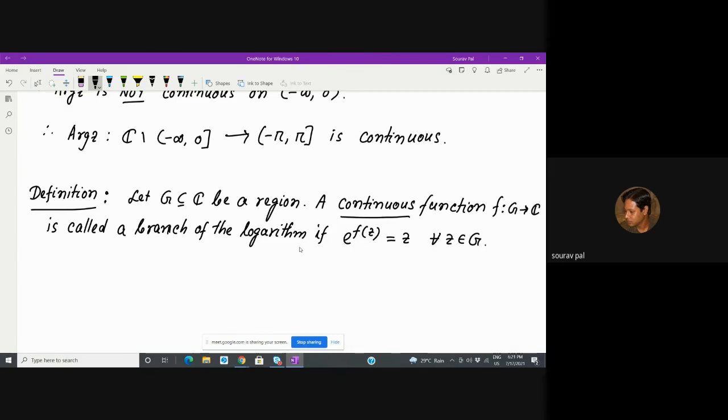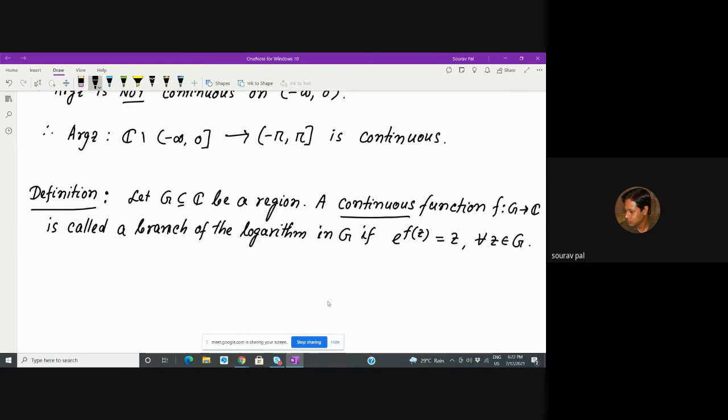You just look at the definition. This is called a branch of the logarithm in G. If you have this, so this is the definition.